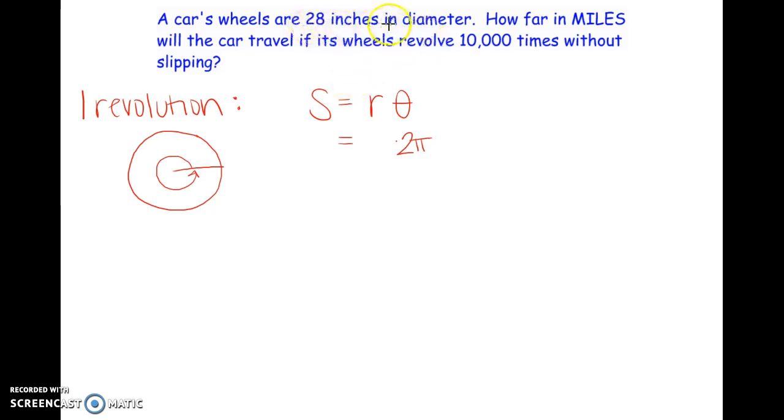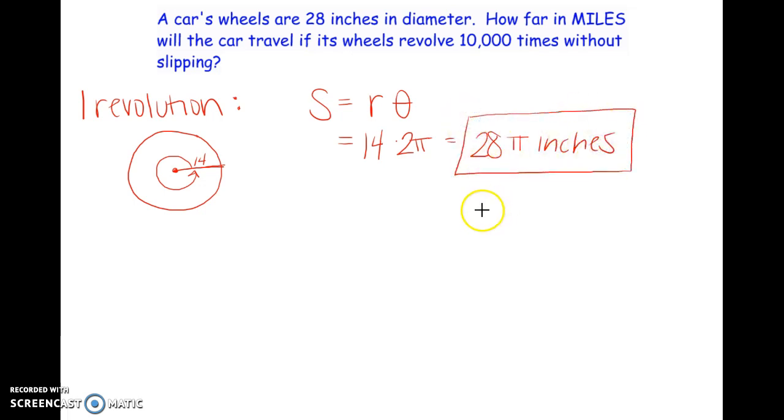So we know that if 28 inches is the diameter, the radius is going to be half of that, so 14 inches. So if we take 14 times 2 pi, an exact answer is 28 pi, and our label is going to be inches. So this would be the distance that the wheel covers for one revolution.